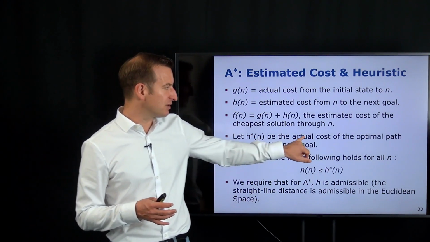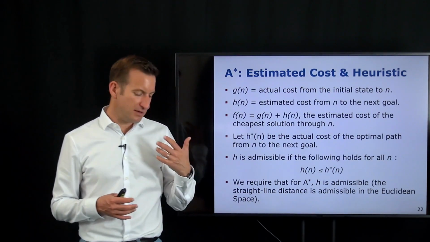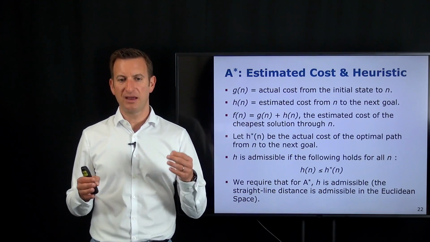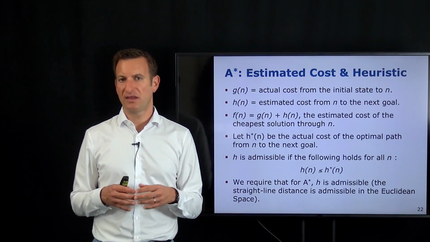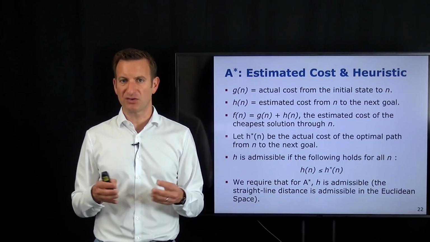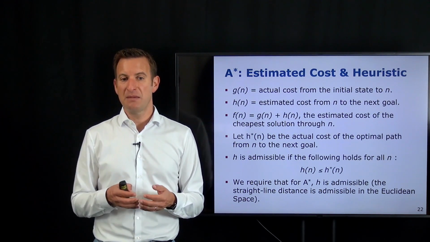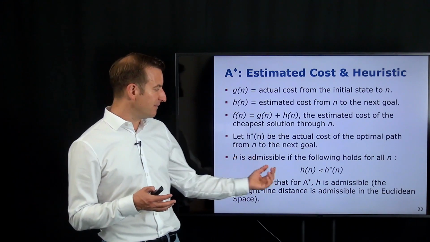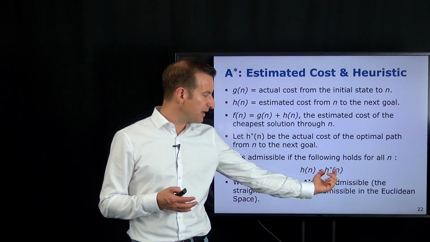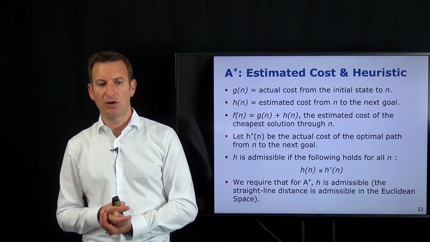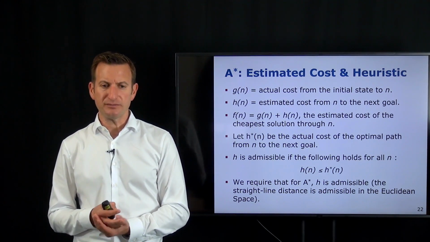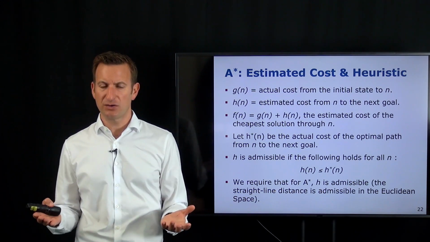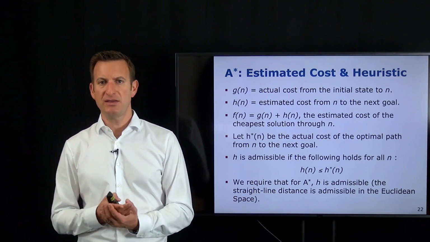These are the actual costs from the current state n towards the goal location. And if I would know that, then of course I should use the optimal heuristic, because then there's no estimate involved anymore. But I don't have that. What I however need to guarantee is that the heuristic that I'm actually using is smaller or equal to this optimal heuristic. So you may ask yourself, how can I actually specify this, given that I don't know what the actual costs are? But often you can do that.